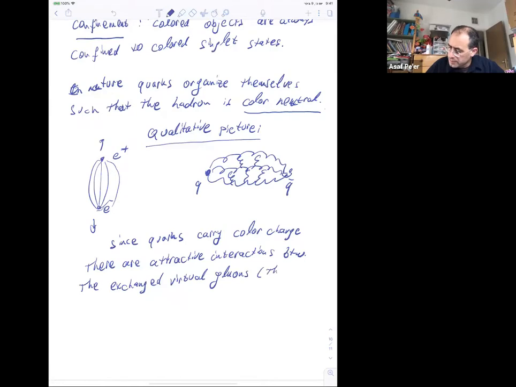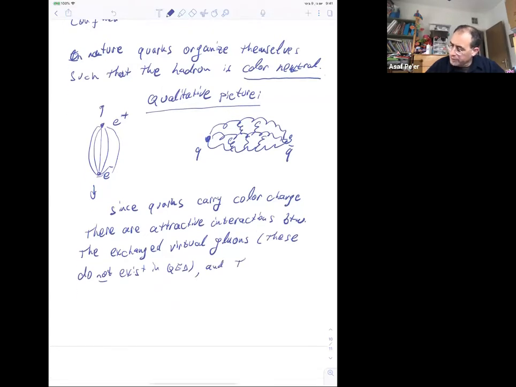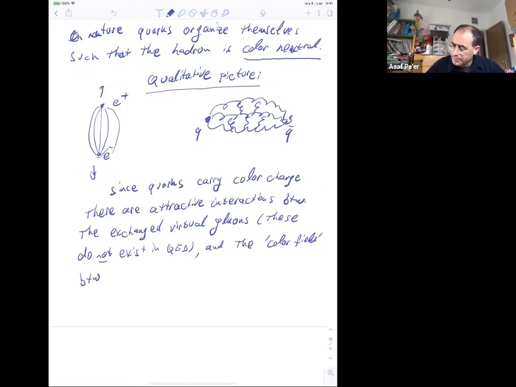This does not exist in QED. And the color field between the quarks is squeezed into a tube.